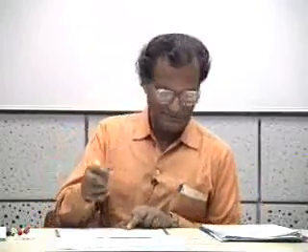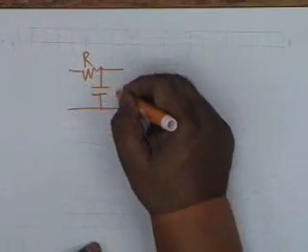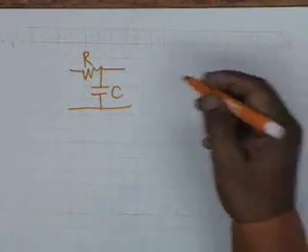What I mean, let me illustrate with an example. Suppose we have a simple RC network. This is our favorite network because it illustrates many concepts.